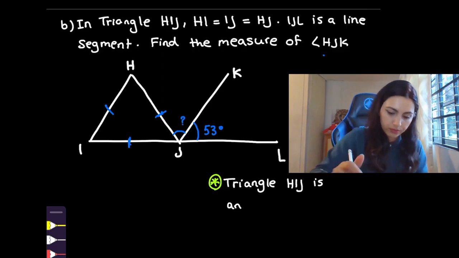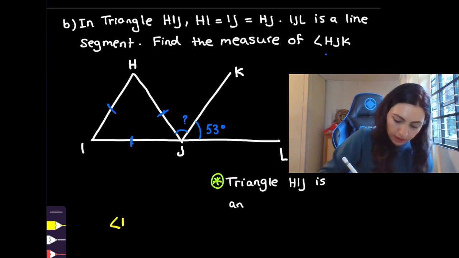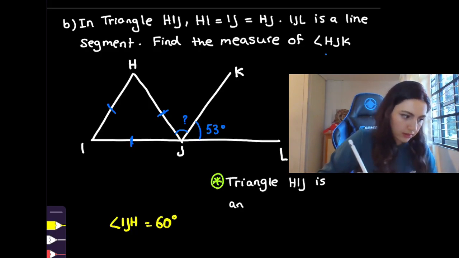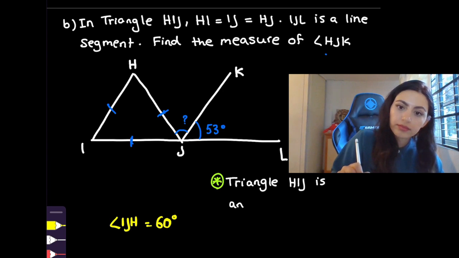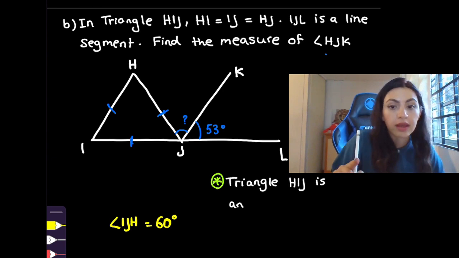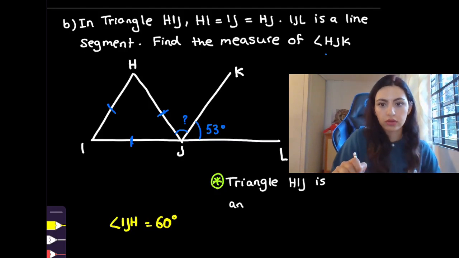So, in order to find that, we say angle IJH equals 60 degrees. How did I know that? Because I know in an equilateral triangle, when I see all the sides are equal, then I know all the angles are equal too.